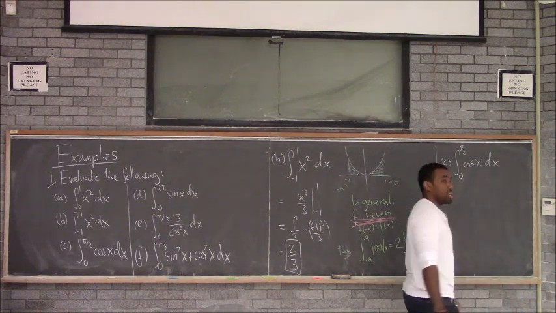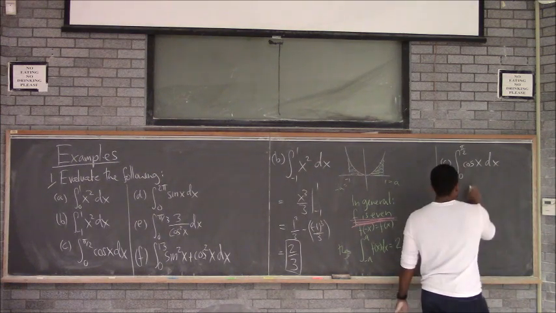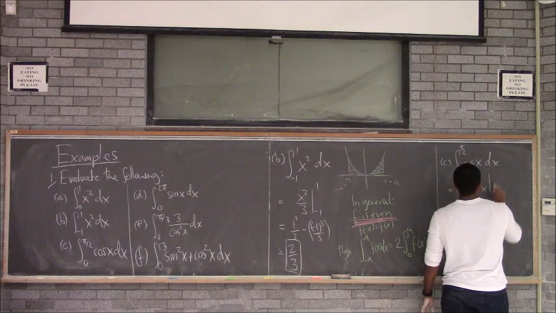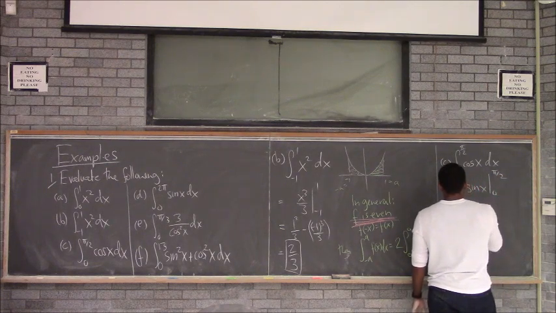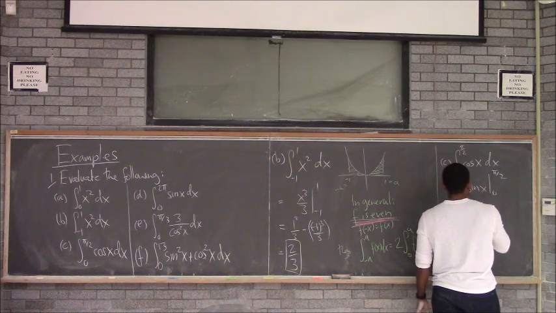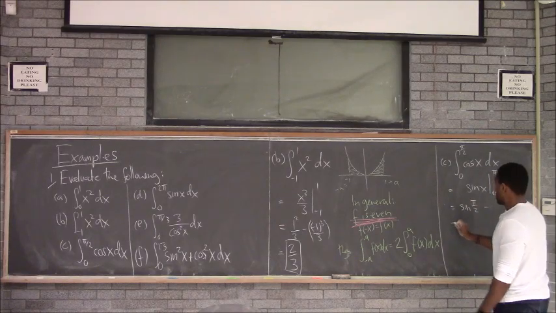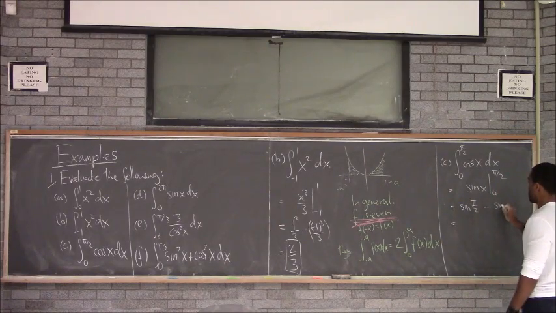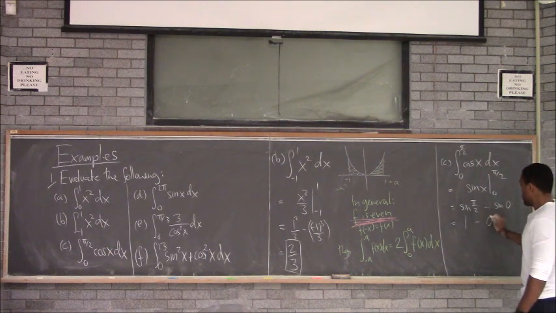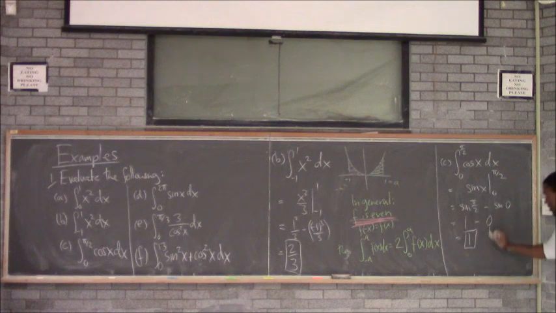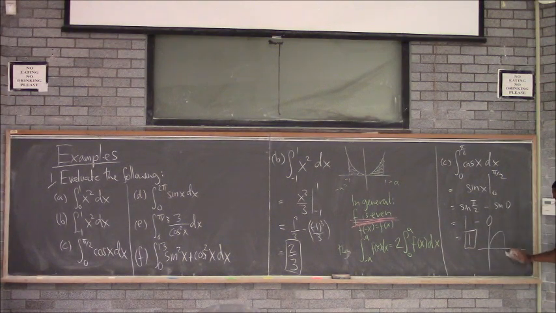Antiderivative of cosine, sine of x. Sine of pi over 2 is 1, sine of 0 is 0. So that one is just 1. In other words, if you wanted to find the area under cosine and you're integrating between 0 and pi over 2, that area is 1.